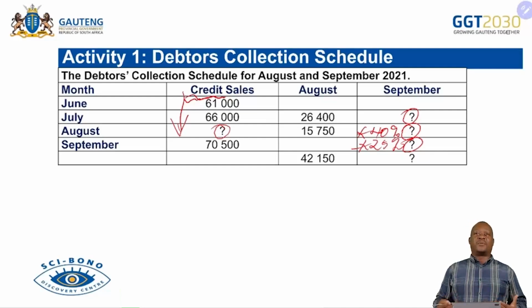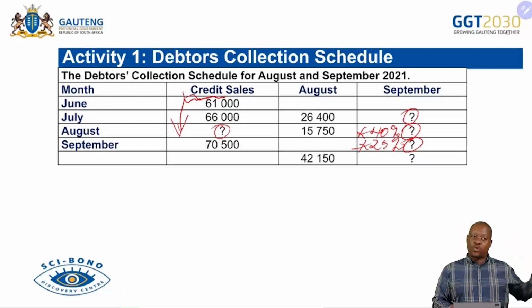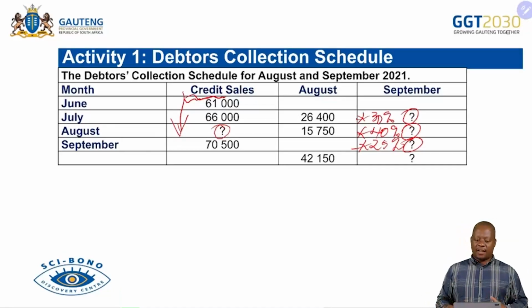We are now starting from the bottom, going up to decide where we are going to collect a certain amount. There is a 30% that is going to be collected 2 months after. It means there is a month in between. So if we are collecting in September, it should have been sold before August, which gets us to July. Where July and September meet, that's where we are having a collection of 30%.